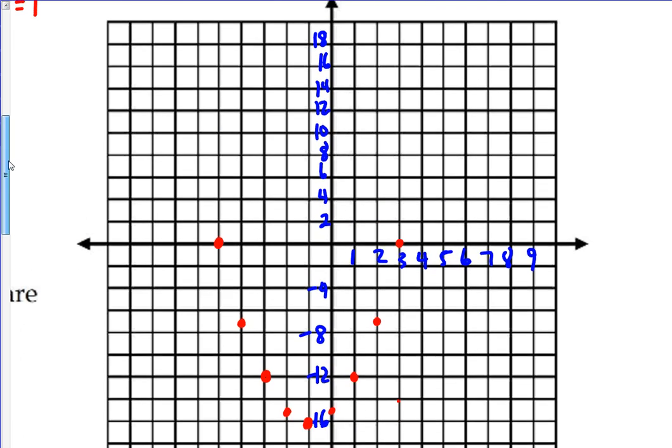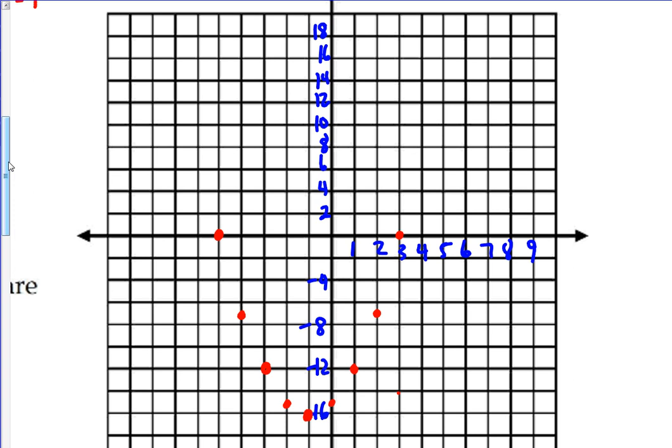Do you want to do one more? What's 5 squared? 25. Can I go up that high? Yeah? So 5 to the right, and then 25 up. So 16, 18, 20, 2, 4, 5 would make it at 9. So 4 and 9, and -6 and 9.